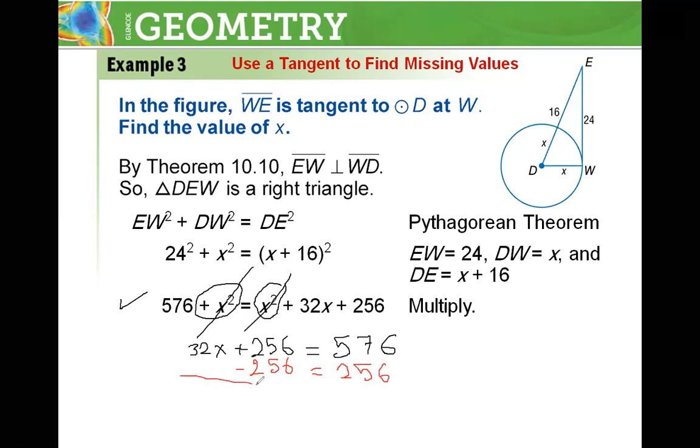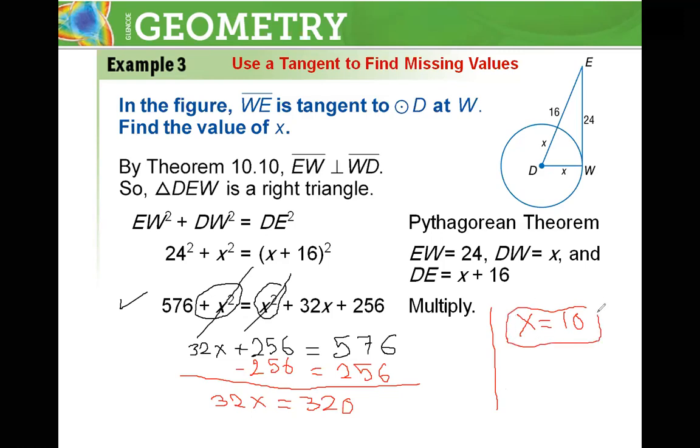So I have 32x equals 320. And then after that? We divide by 32 on both sides. So the value of x is equal to 10.